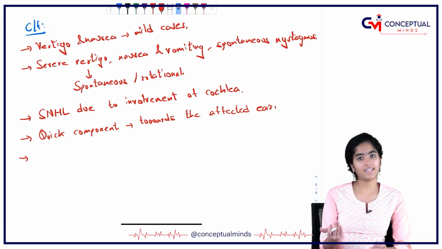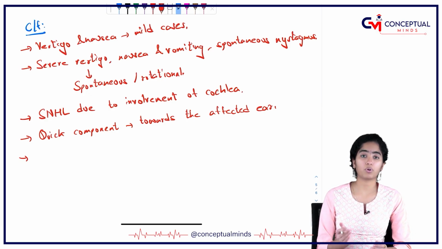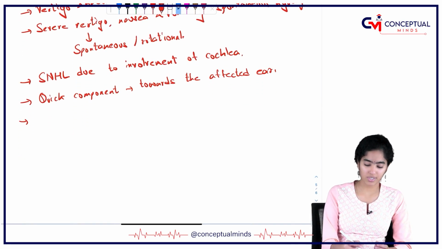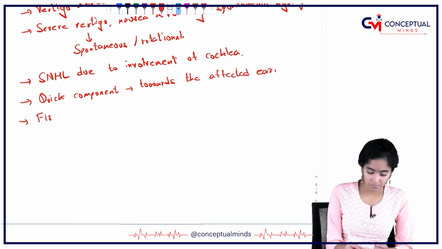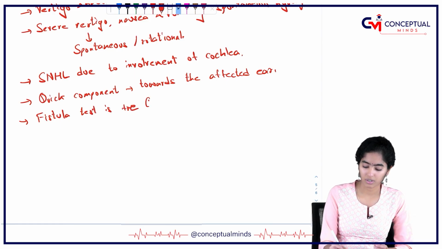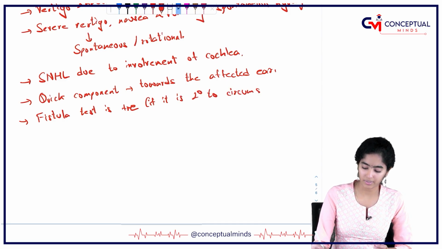Circumscribed is progressing into diffuse serous, and diffuse serous, if not controlled, could progress to diffuse suppurative type. Okay, I hope the clinical features of this type are also clear. Fistula test is positive if it is secondary to circumscribed variety.